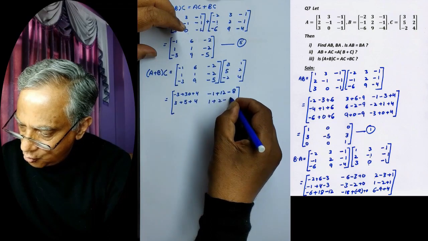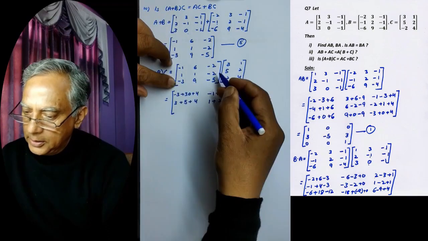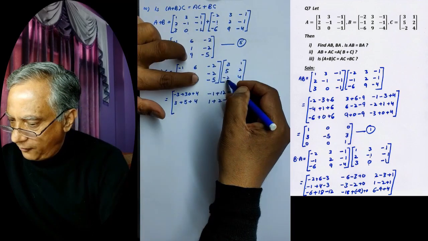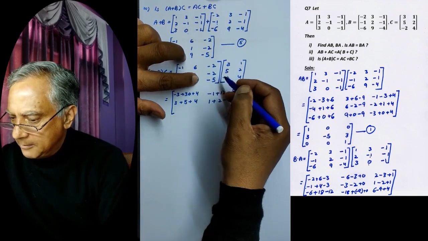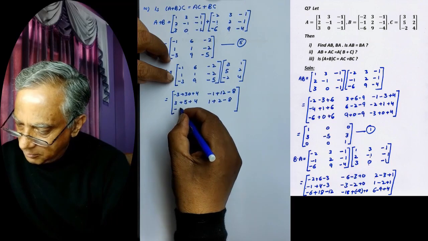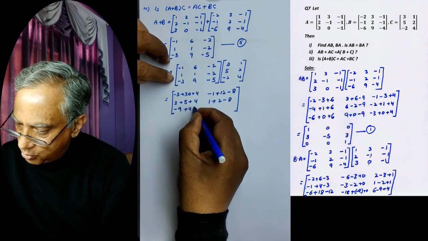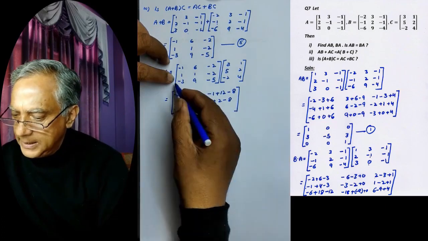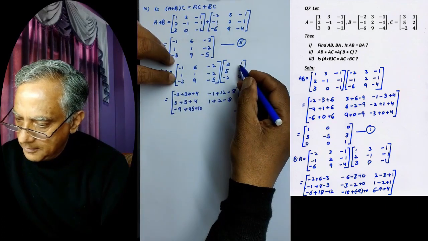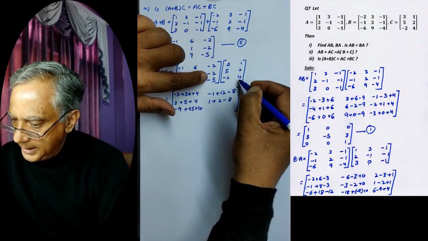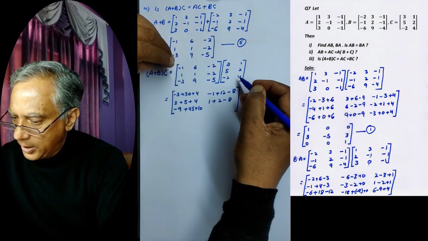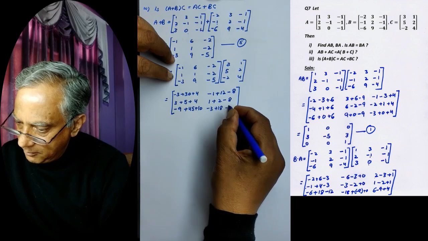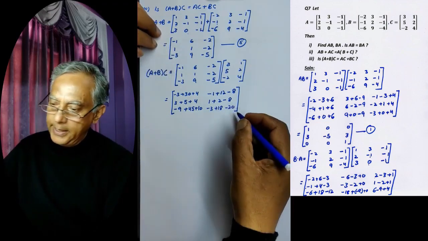This into this, minus 9 plus 45 plus 10. This into this, minus 3 plus 18 minus 20.